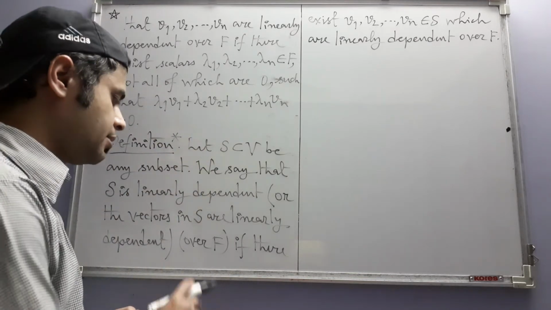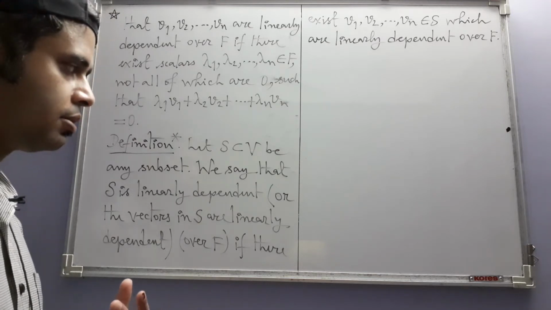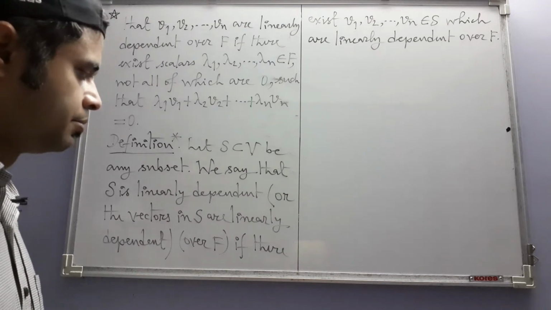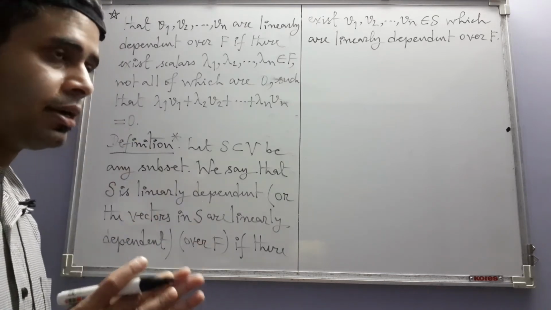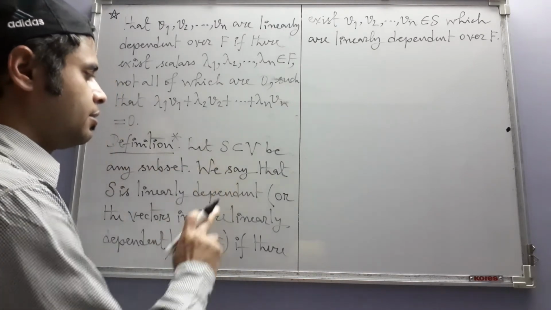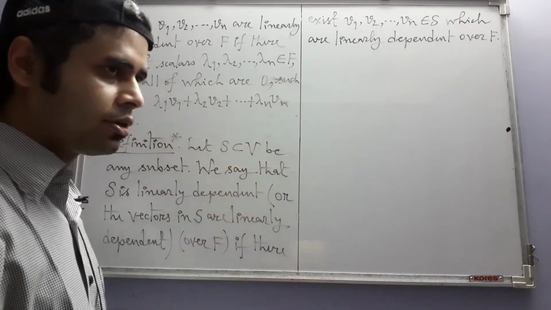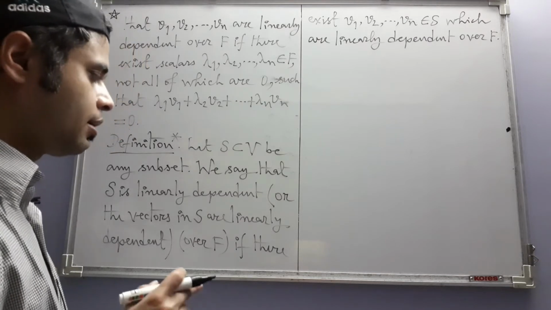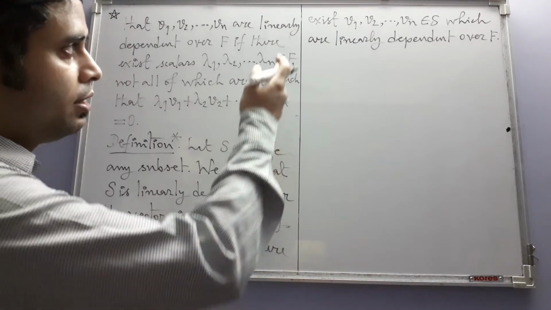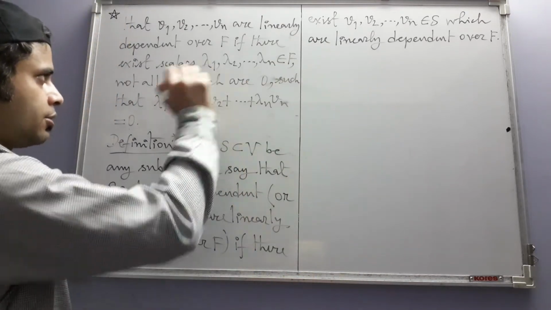Okay, so here we are saying that a set S of vectors in V will be called linearly dependent, or the vectors in it are called linearly dependent, if we can find some finitely many vectors in S that are linearly dependent according to this definition.